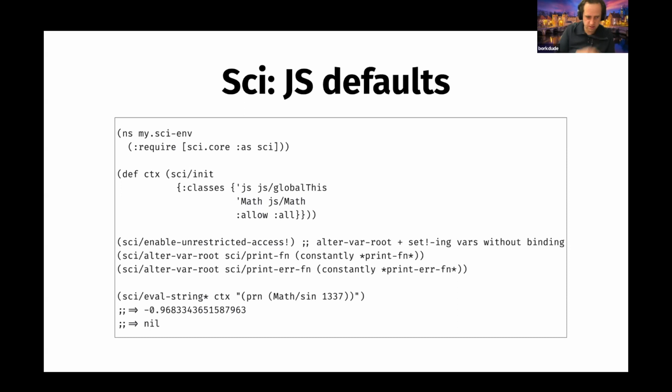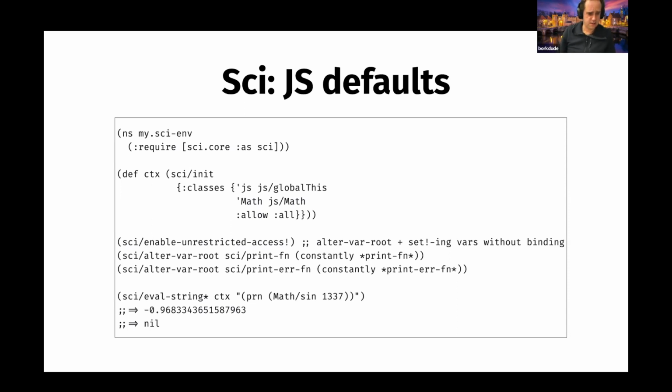And then there is a function called enable-unrestricted-access, which allows you to alter Clojure core vars if you want to, and also using set! in ClojureScript without surrounding it by binding, because normally that's not allowed in Clojure, but in ClojureScript it's just a mutation in place, let's say, similar to alter-var-root in Clojure.